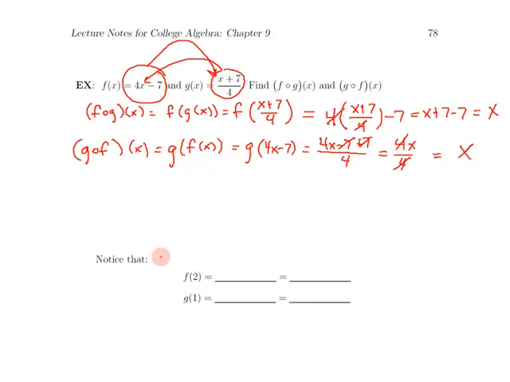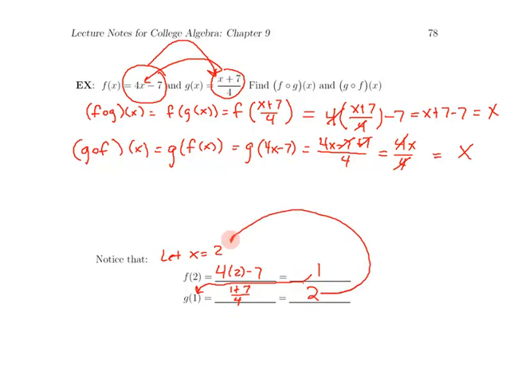So notice that if we let, say, x equal 2, what is f of 2 for these formulas? F of 2 would be 4 times 2 minus 7. 8 minus 7 is 1. Right? So take that 1 and plug it into g. What do you get? Well, g of 1 is going to be 1 plus 7 divided by 4, which gives me 8 divided by 4, or 2.